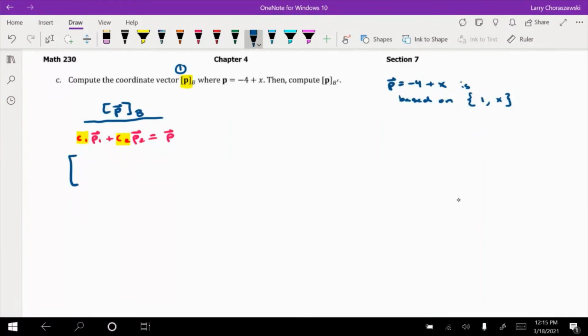The coefficients of P1 are 6 and 3. Let's verify that. Yep, 6 and 3, 10 and 2. And then for P, we'll use the coefficients of -4 and 1.